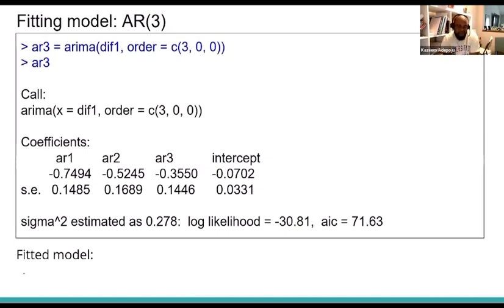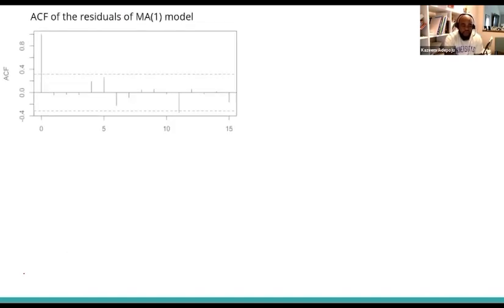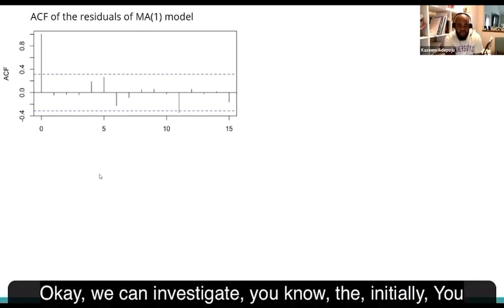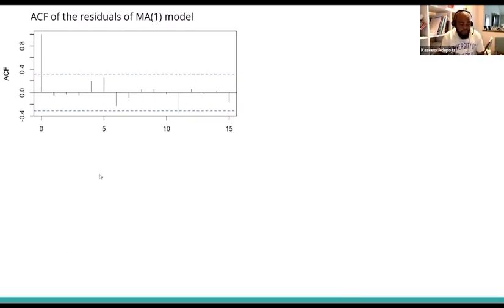We're going to have 3 separate R outputs. Now, just like what we always do, initially the autocorrelation function plot and the partial autocorrelation function plot suggested 3 models. We've run them, and what we want to do now is conduct a residual analysis on the 3 models.